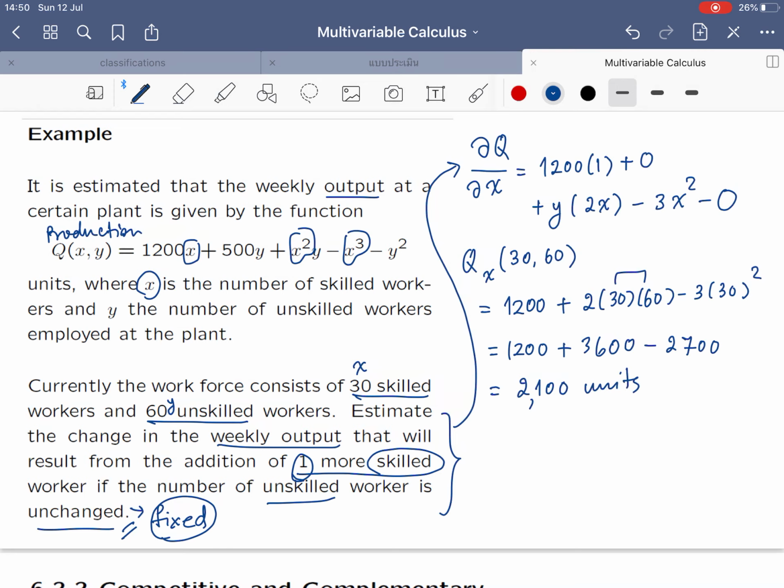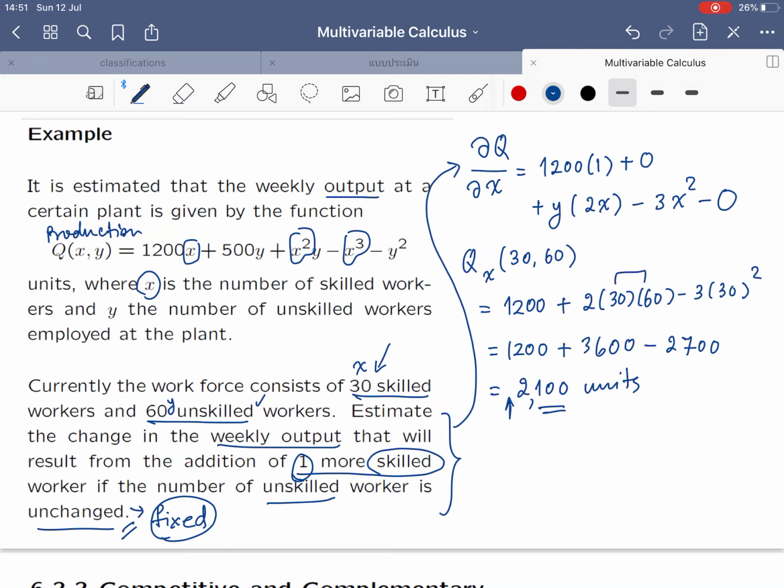So what does this mean? If you just add one more skilled worker, originally from the 30 skilled workers that you use right now, and you keep your unskilled at 60, the production will increase by this many units. So do you want to do it or not?